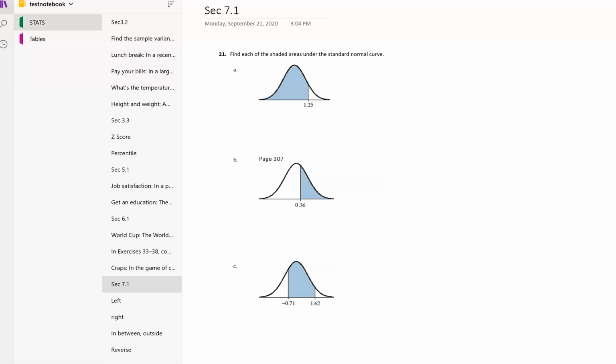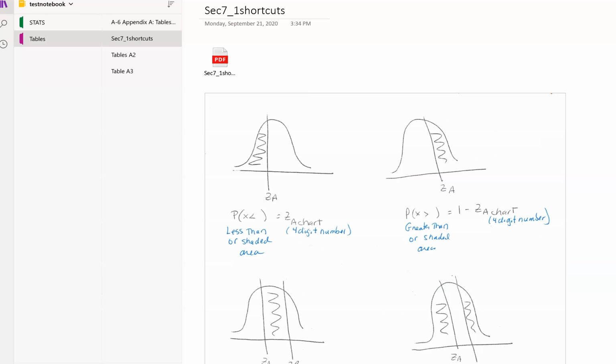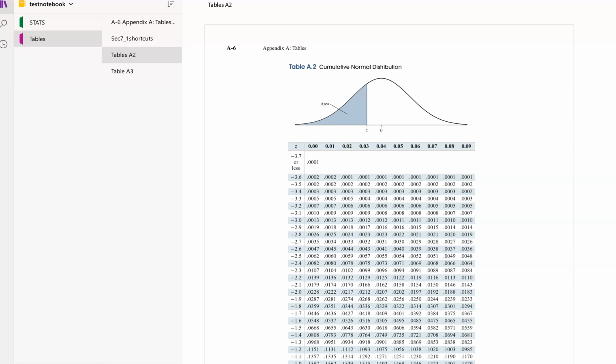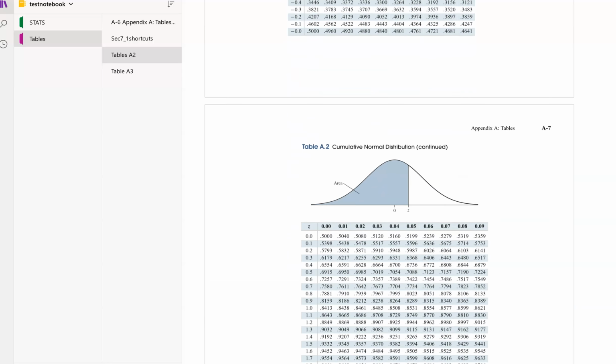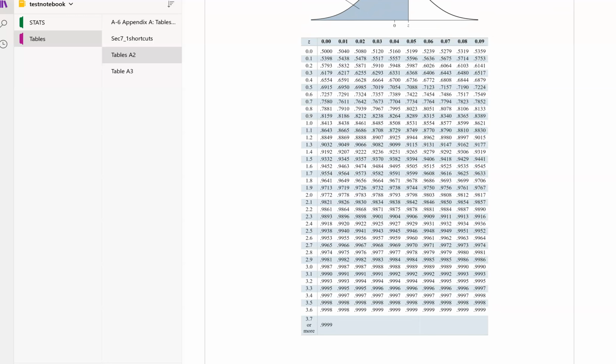So I'm going to look up a positive 1.25 on the chart. And this is going to be table A2. So a positive 1.25, I have to get to this one here. And 1.2 is right here, and the 1.25 is here. So it's 0.8944.